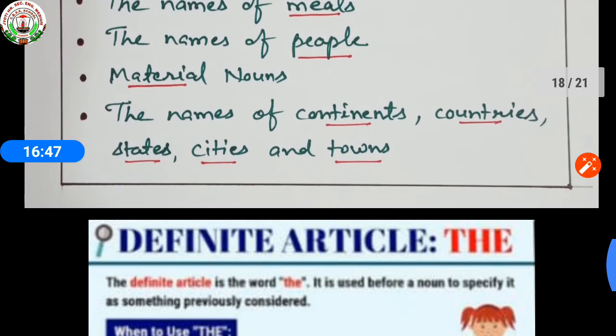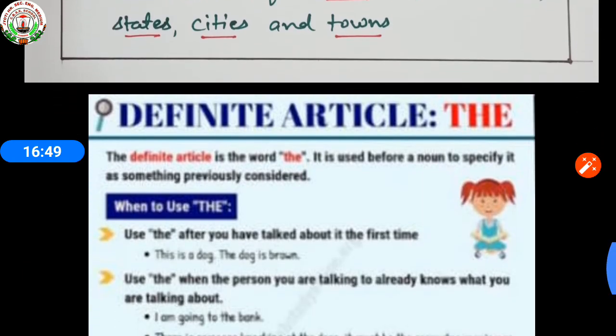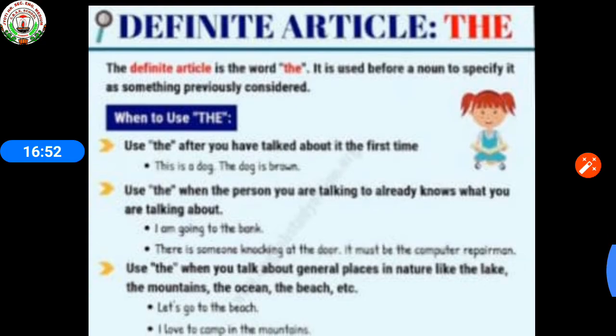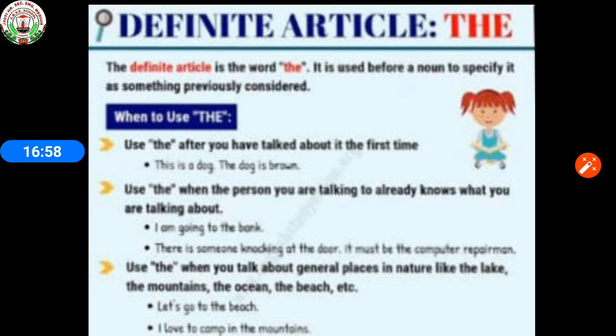Now we see the definite article the. So the definite article is the word the. It is used before a noun to specify it as something previously considered. So the is used before adjectives in the superlative degree.